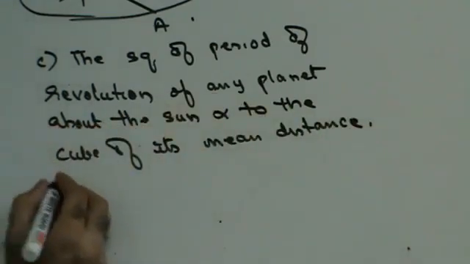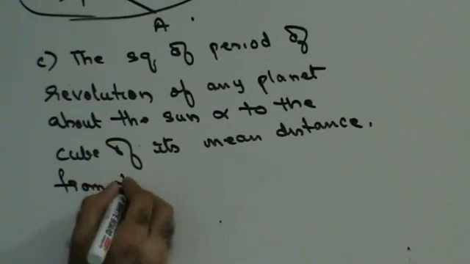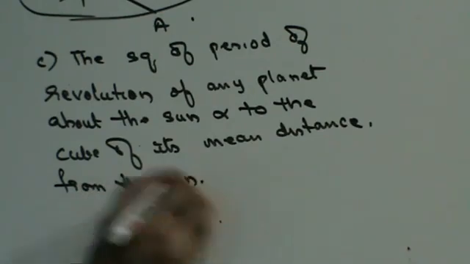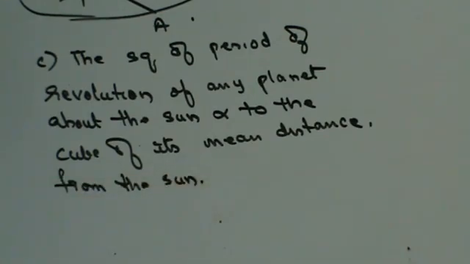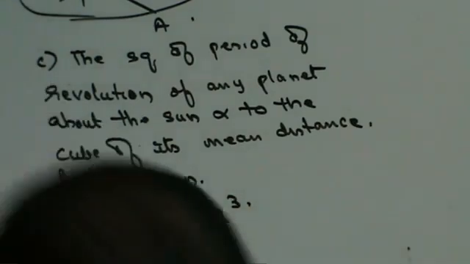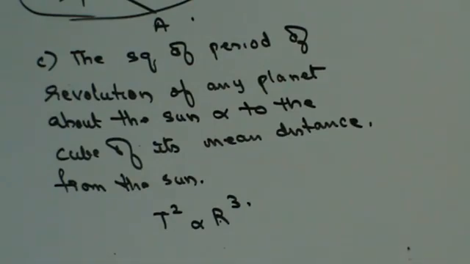This is called Kepler's law of periods. This law says that T squared is directly proportional to r cubed. We've already done this derivation. So we know that the square of the time is directly proportional to the cube of the distance.